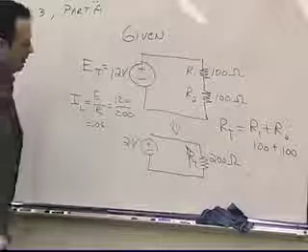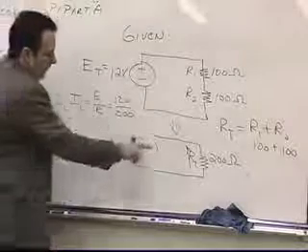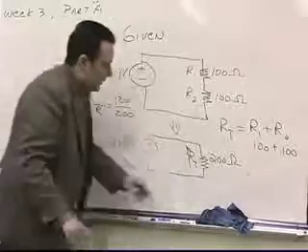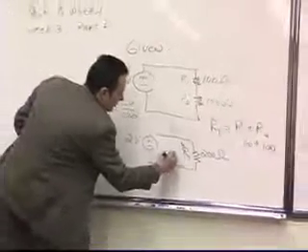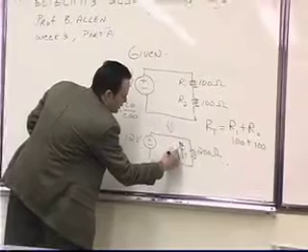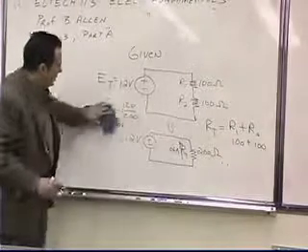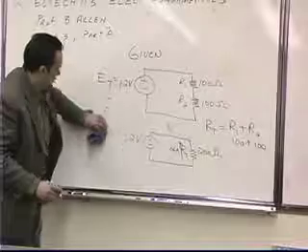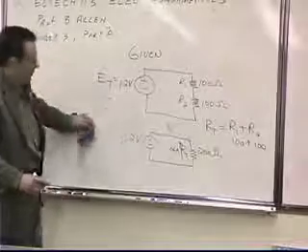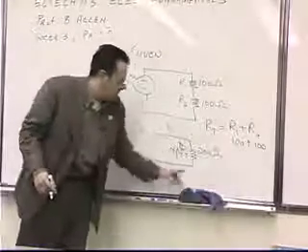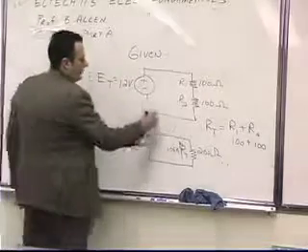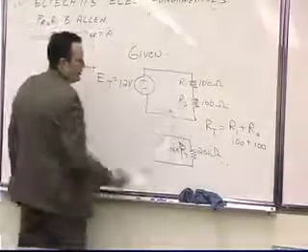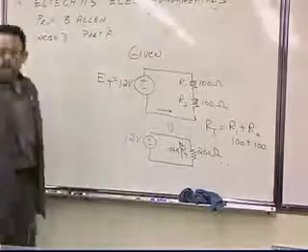Now, since we've already figured out that the current flowing here is 0.06 amps, I'm just going to erase this so it's less cluttered. If the current flowing here is 0.06, then what is the current flowing here? 0.06.